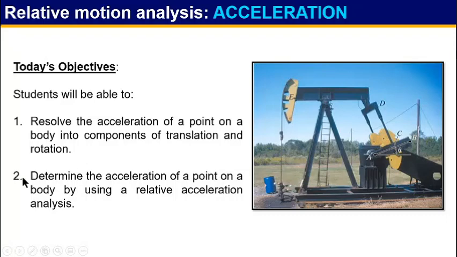The second one, determine the acceleration of a point on a body by using relative acceleration analysis, or the relative acceleration equation. So once again, how can we obtain the relative acceleration equation using the relative velocity equation? I will show you how to obtain this equation.